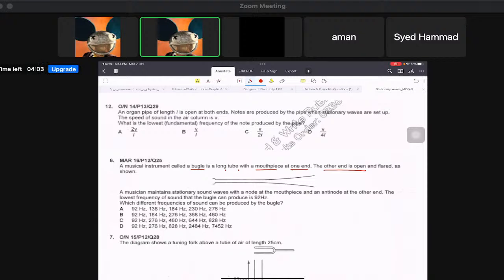And now it says that the lowest frequency of sound that the bugle can produce is 92 Hertz. So what are the different frequencies that can be produced? Right. Now, who can tell me what is the formula with respect to frequency of one end closed and one end open?